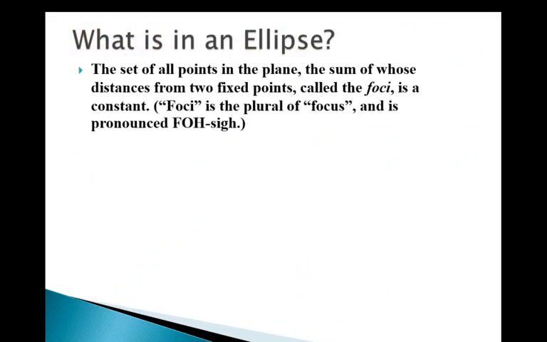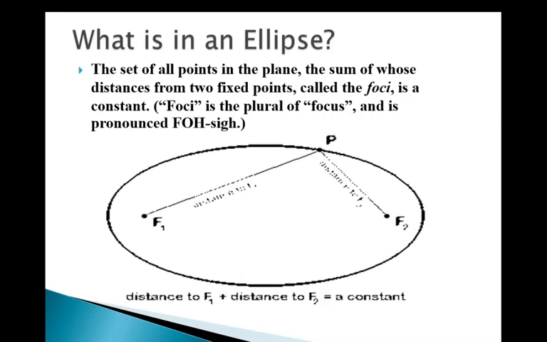So what is an ellipse? Just like a parabola, it's a set of points defined by distance. An ellipse is all the points where the sum of the distances from two fixed points, called our foci, or some people will say foci, is constant. Okay, we don't say focuses.